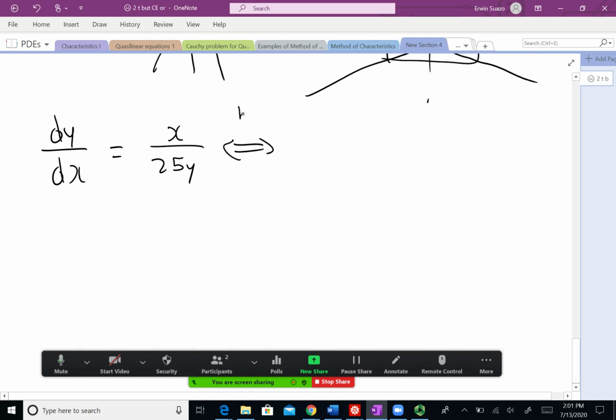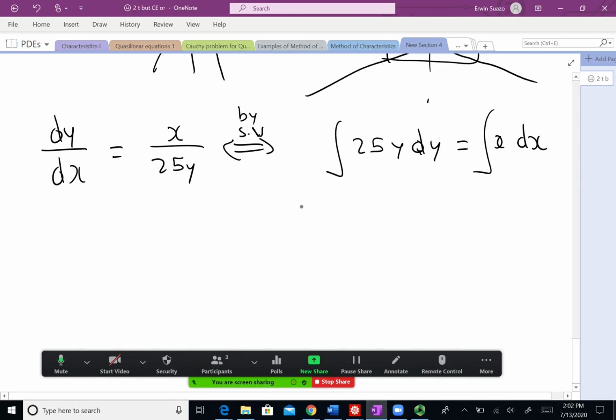So by separation of variables, you get 25y dy equals x dx. Now integrate both sides. That's what is called integration by separation of variables, because you put y's with y's, x with x.